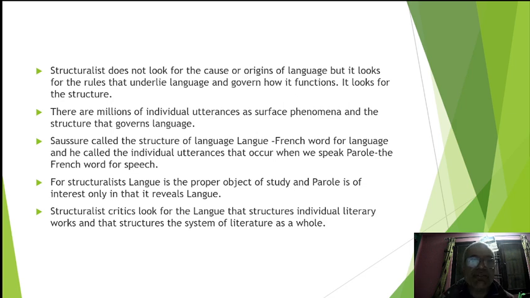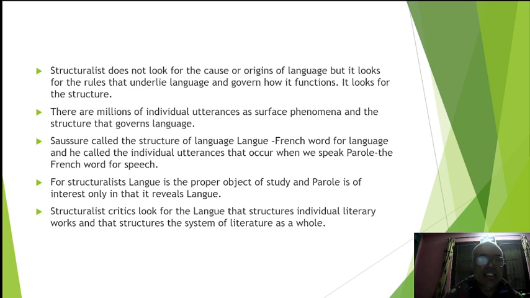There are millions of individual utterances, which are surface phenomena. We can see that surface structure, the visible structure, in millions of individual utterances. All the literary texts written by authors are individual texts. They are visible structures. They are utterances, they are parole, and the structure that governs them is language.